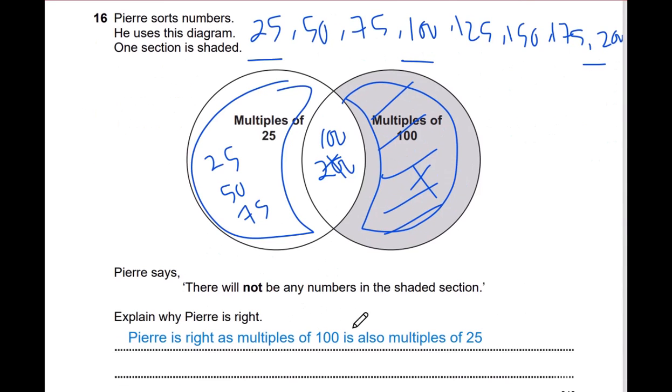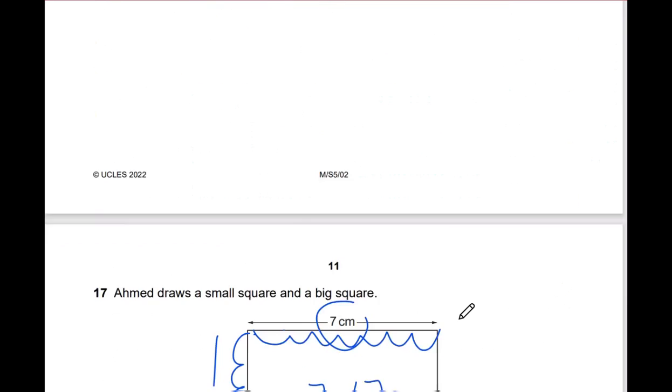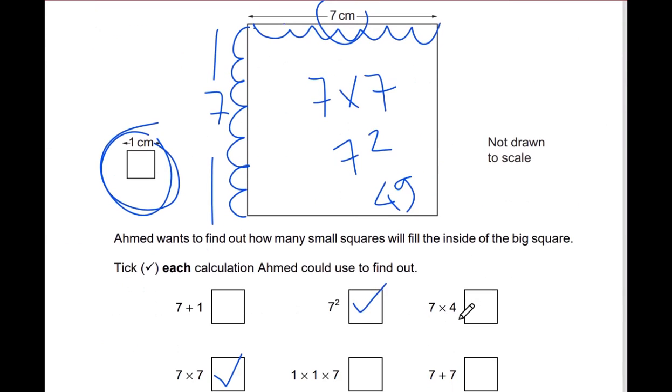16 is a, here is right as multiple of 100 is also multiple of 25, and then 17 is 7 squared and 7 times 7 here.